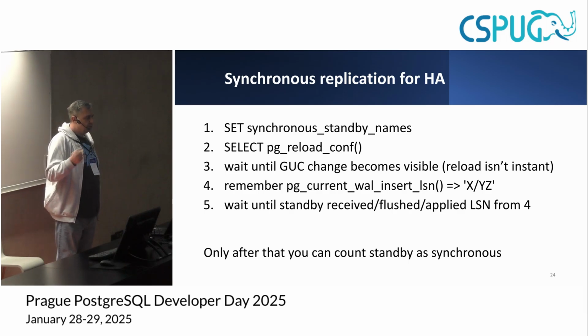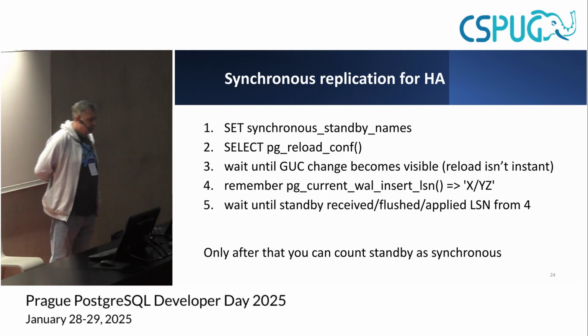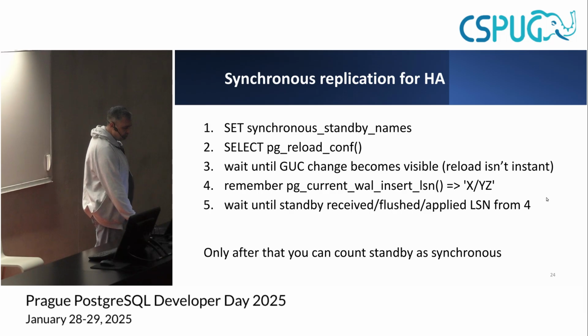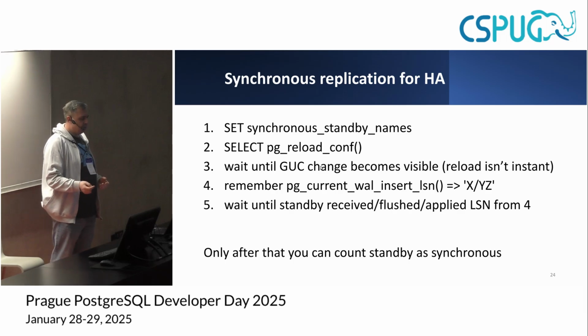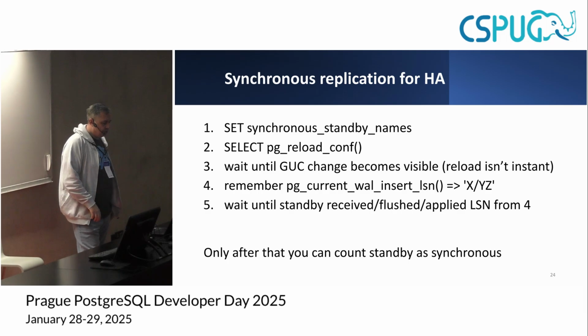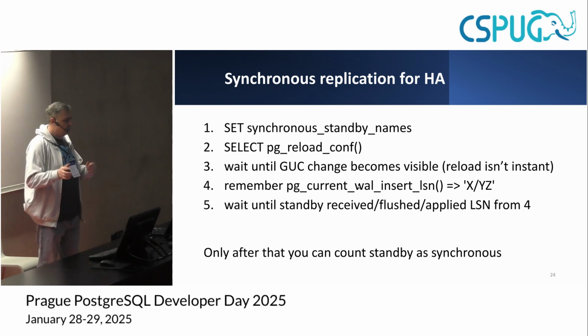How, in my opinion, it should work, and I think some other people who built high availability solutions confirm this opinion: after changing synchronous_standby_names and changing the Postgres configuration, we need to wait until this parameter becomes visible. When you do SHOW synchronous_standby_names, it will show the value that you set after doing reload conf. And you need to memorize the LSN returned by pg_current_wal_insert_lsn at this moment.